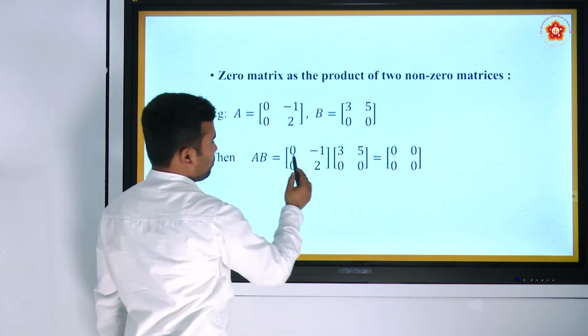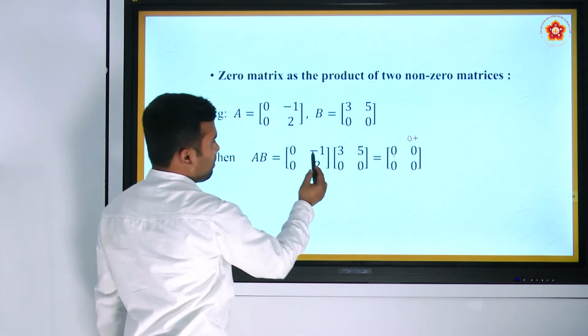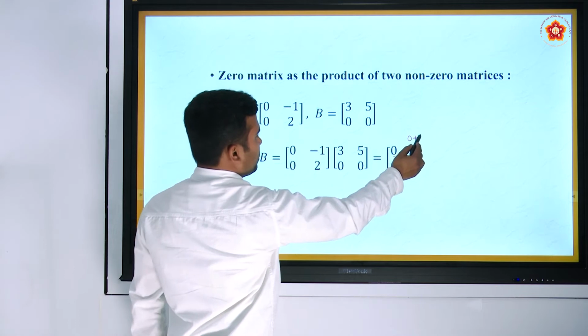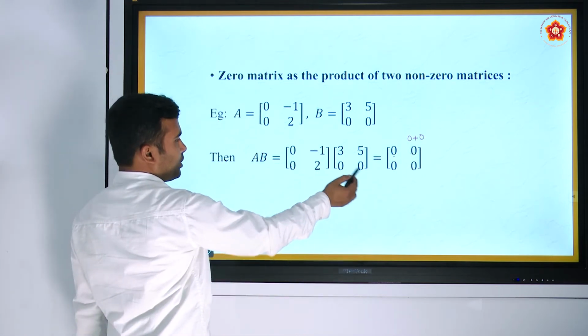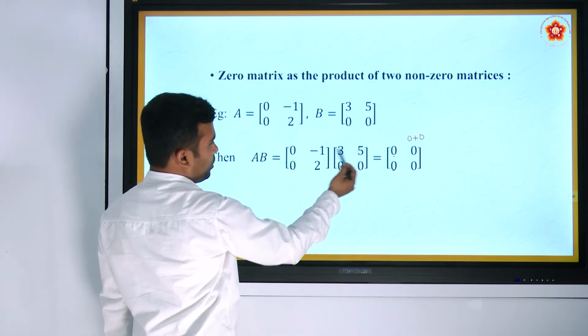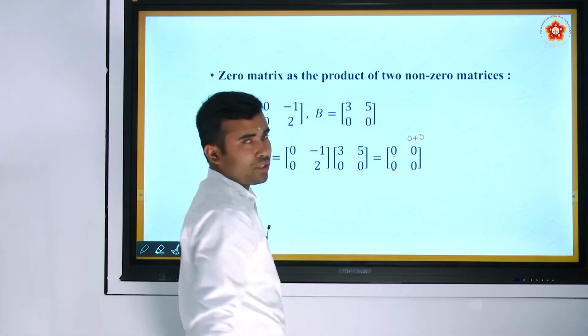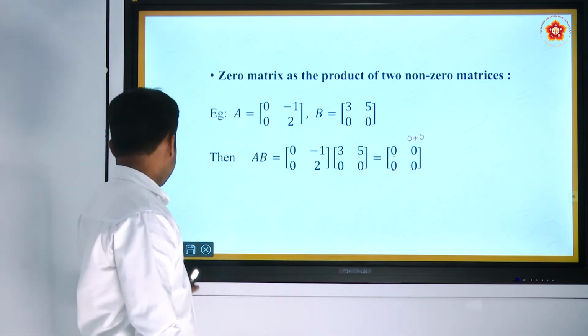Next, to find this one, 0 into 5 is 0 plus -1 into 0 is 0. So this entry is 0. Similarly, 0 into 3 is 0, 2 into 0 is 0, 0 plus 0 is 0. Similarly, 0 into 5, 2 into 0, so 0. So the product matrix is what? The zero matrix.